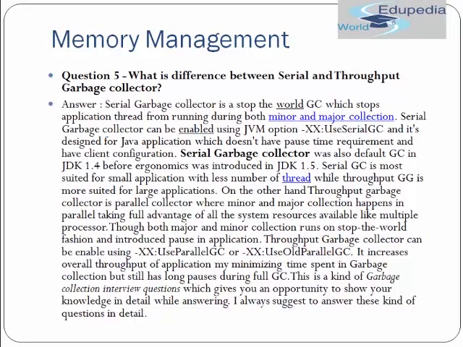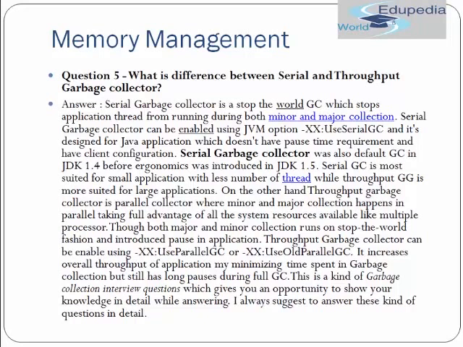Serial GC is more suited for applications with a small number of threads, while the throughput GC is more suited for large applications. The throughput garbage collector is a parallel collector, where minor and major collection happen in parallel, taking full advantage of all the system resources available, like multiple processors.